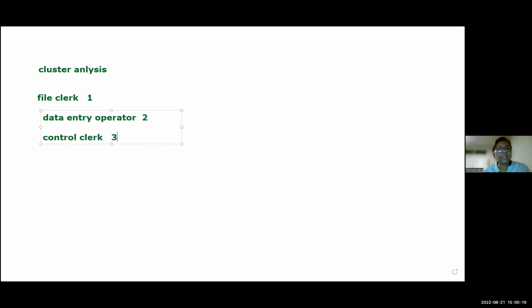I think it was 3. And then we have computer operator, 4. So we know that as per a job evaluation, these are the rankings, with file clerk being the lowest and computer operator being the highest. But they could be clustered under one category.